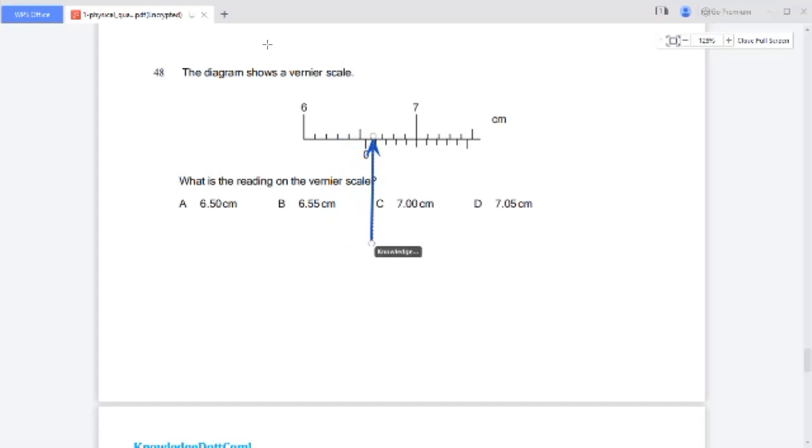So the reading is in between 6.5 and 6.6.